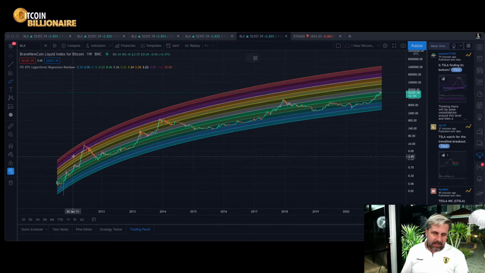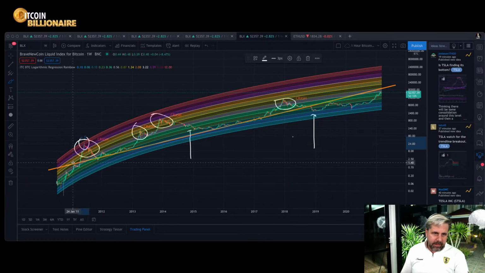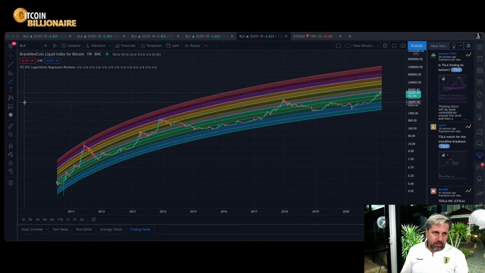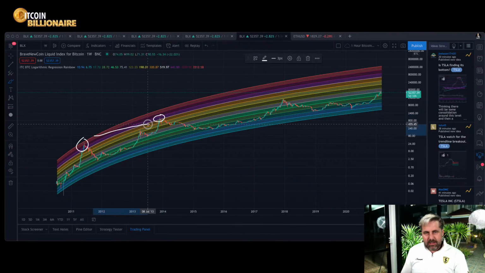You can see that in the first big bull cycle of Bitcoin, we ran all the way up to the red color here, before a crash. But in the second bull cycle, we didn't go all the way up to the red color. We went to the purple. You see that? So Bitcoin is getting less returns over time.